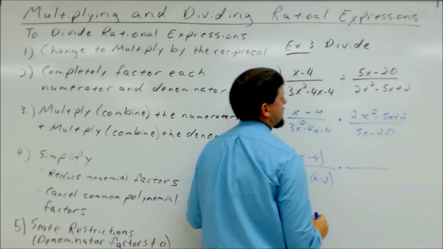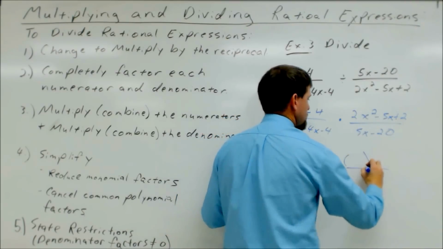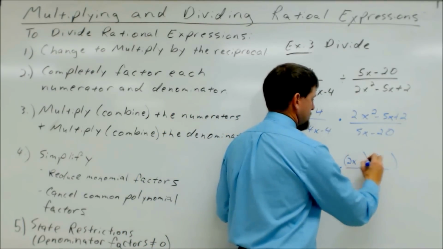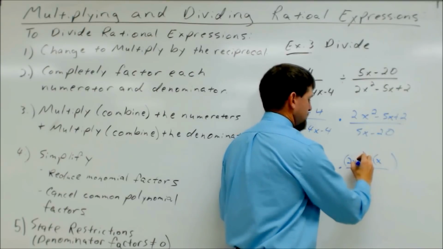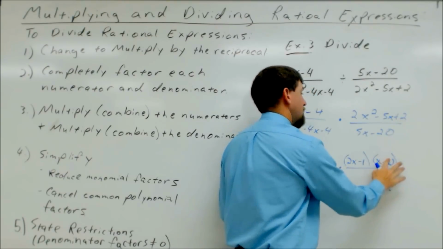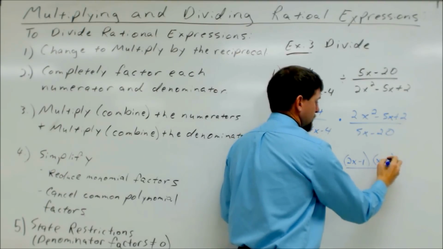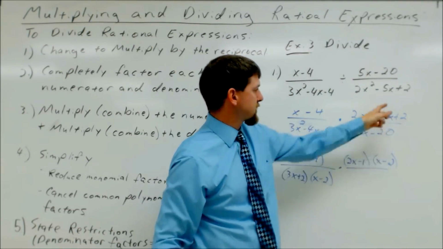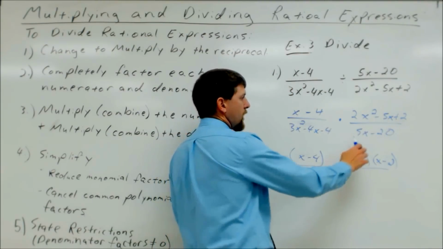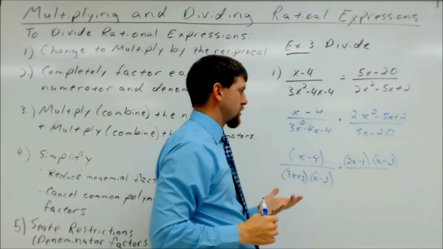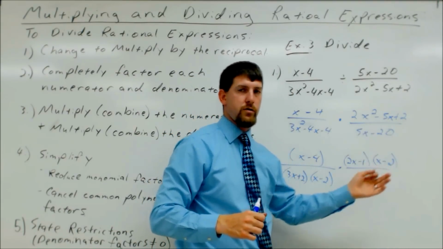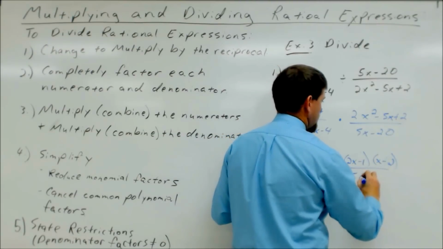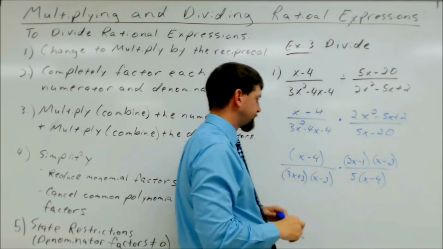On the right-hand side, again, a quadratic trinomial is a pair of linear binomials when we factor it. 2x squared is 2x and x, and 2 comes out to be negative 1 and negative 2. So negative 1x and negative 4x give us the negative 5x we need for the middle. And here, what kind of factorization are we going to use? It's a binomial, it's first degree, but we have a common factor of 5. So it's 5 times x minus 4.